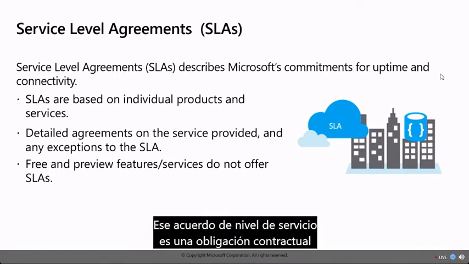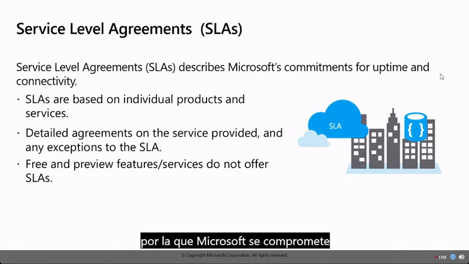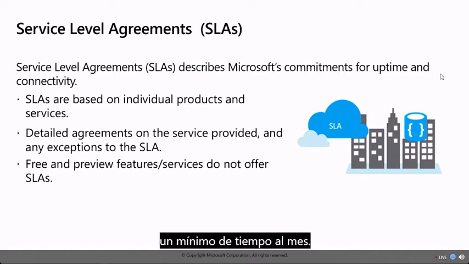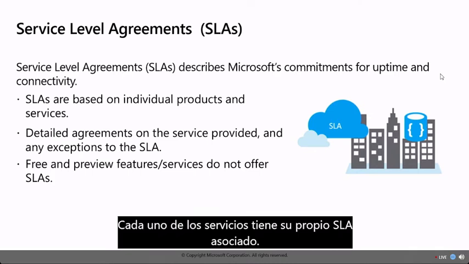And that service level agreement is a contractual obligation that Microsoft is committing that this specific service will be up and running a minimum time per month. And so if, for example, a service is down beyond that minimum agreed time, well, then a credit is applied to your account.